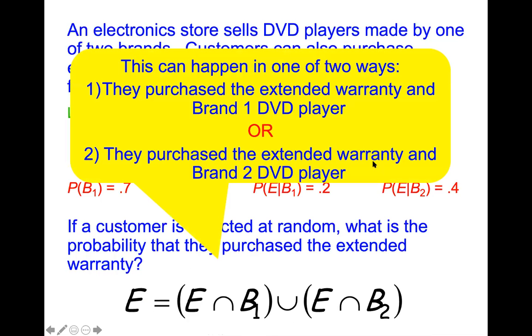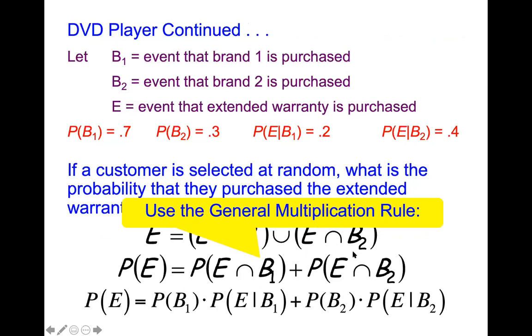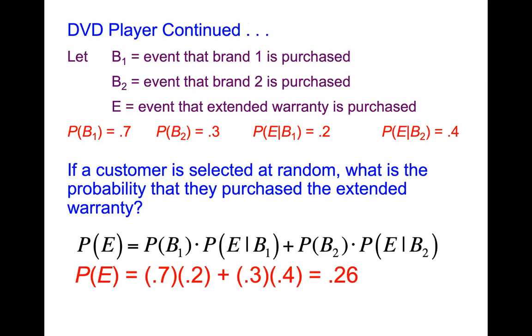All right, so this is kind of how it looks in notation form. To get extended warranty and brand 1, or extended warranty and brand 2, using that multiplication rule, it looks a little more complicated like this. That's why I like the tree diagram better. And this would be your final answer. All right, so 0.7 times 0.2, right?